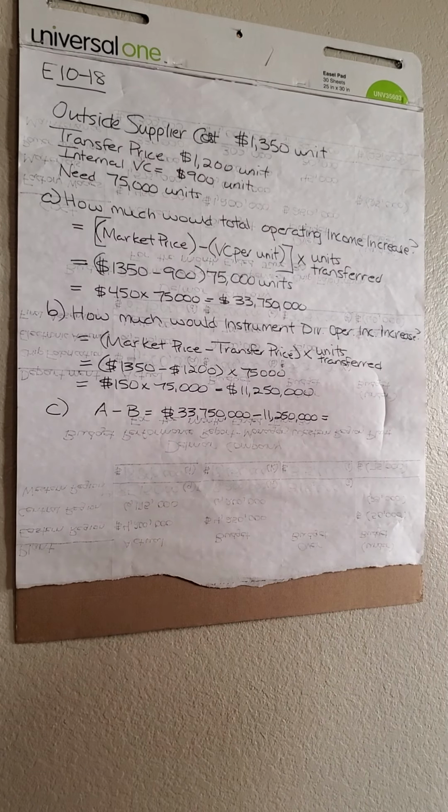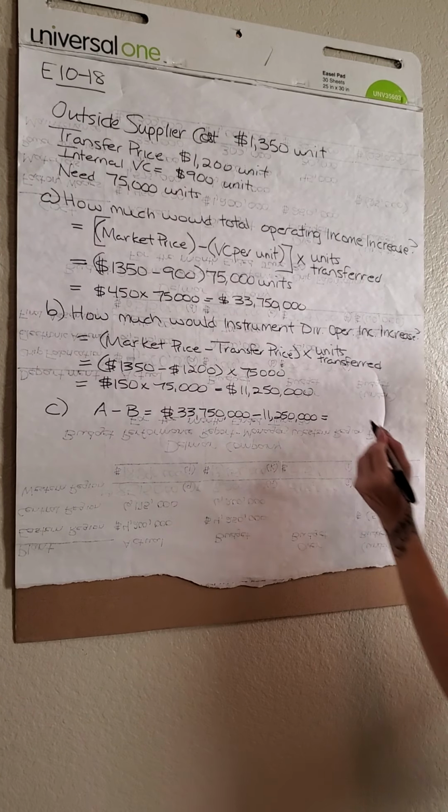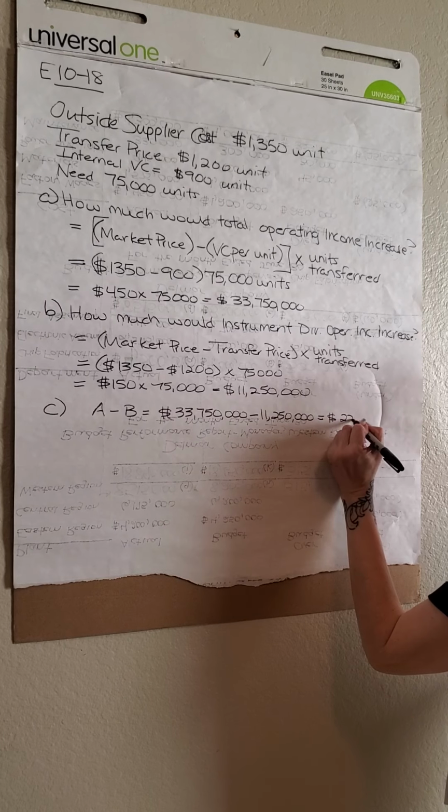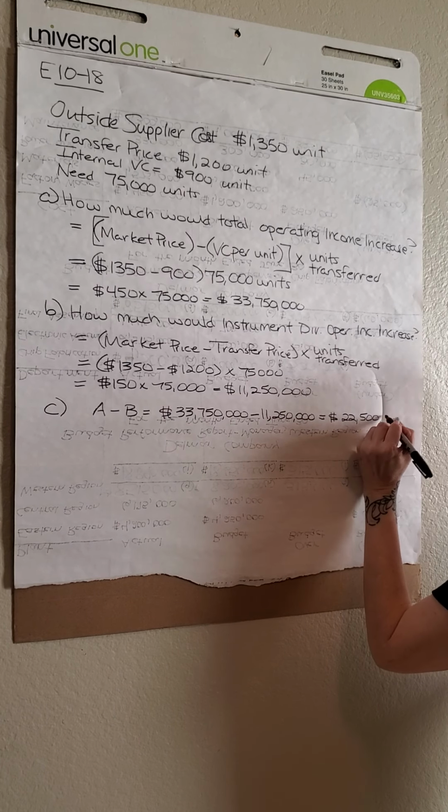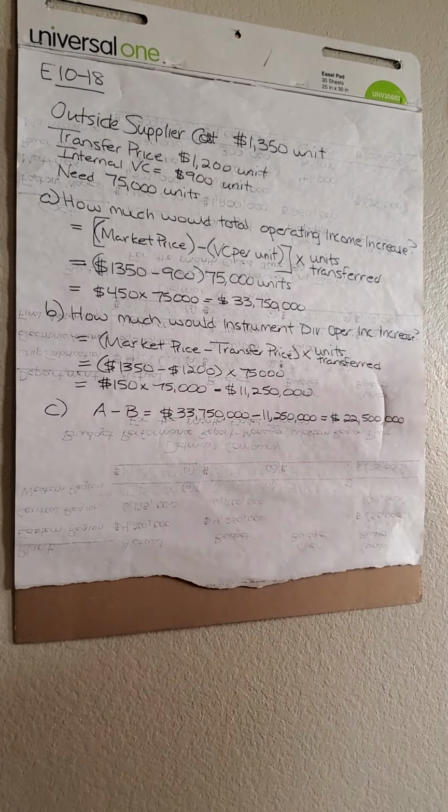That's going to equal a total of $22,500,000. So we've got that for C.